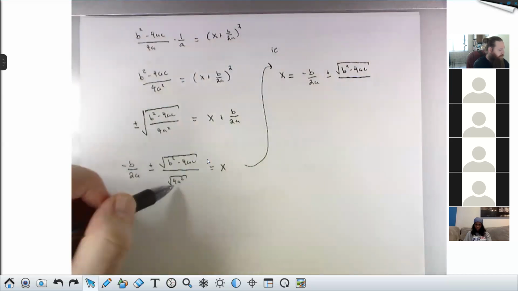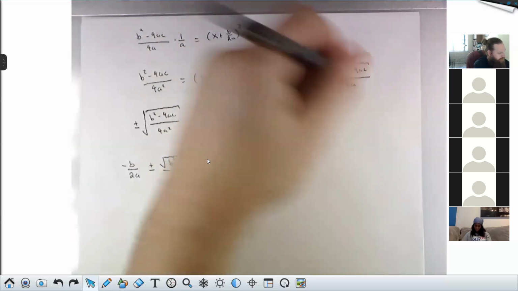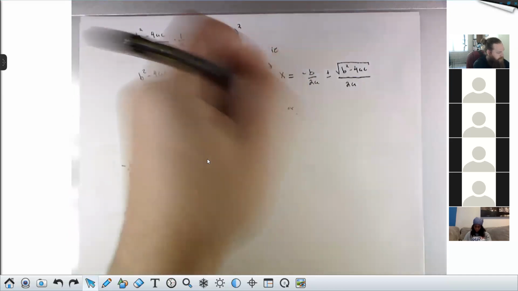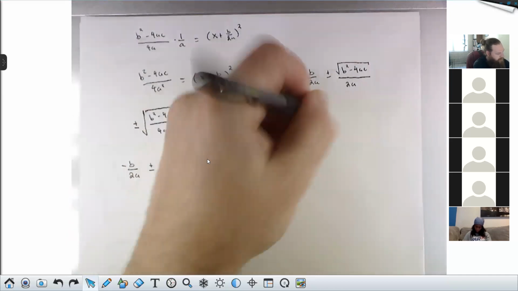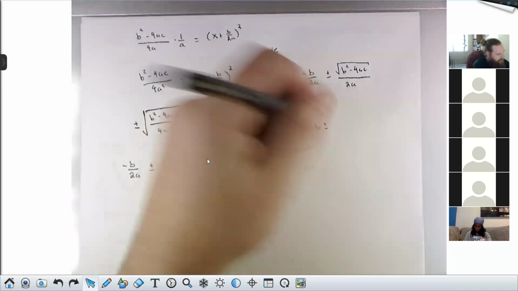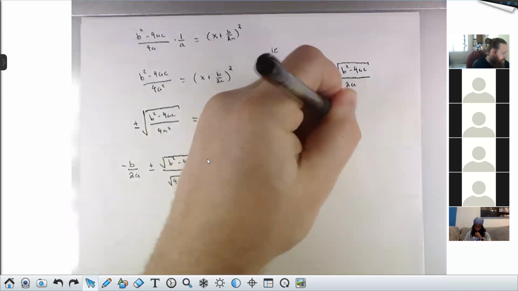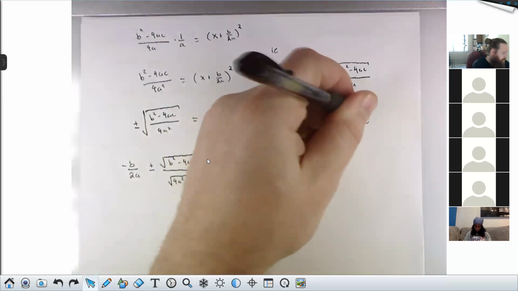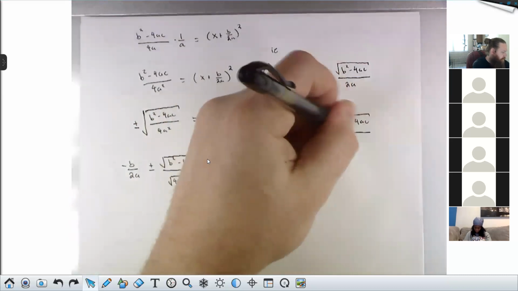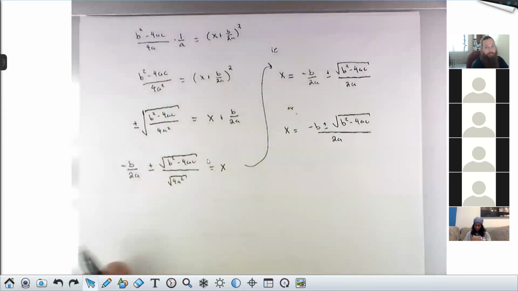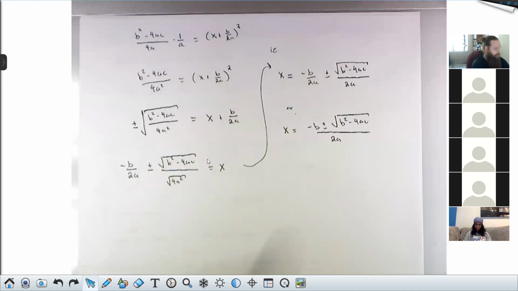Well, the square root of 4a squared is 2a, which is the quadratic formula. You can write it either way. It's one fraction because they both have the same denominator: negative b plus and minus the square root of b squared minus 4ac all over 2a. But I prefer to think of it like this. So that's the proof, right?